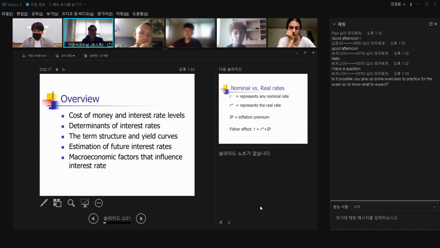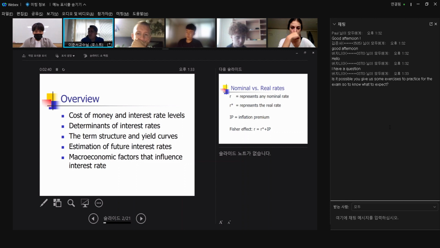In this chapter, we will talk about the cost of money and interest rate level first. In that topic, we will figure out the fundamental factors affecting the cost of money. And then the second topic is the determinants of interest rate.